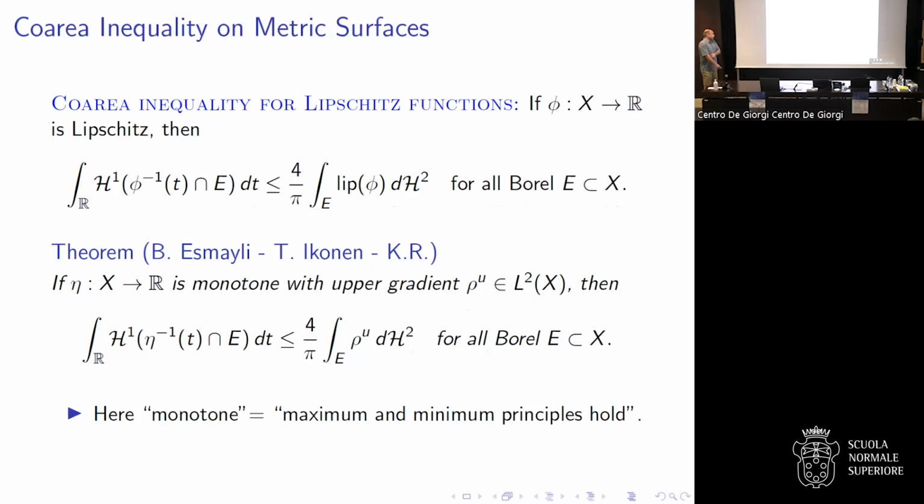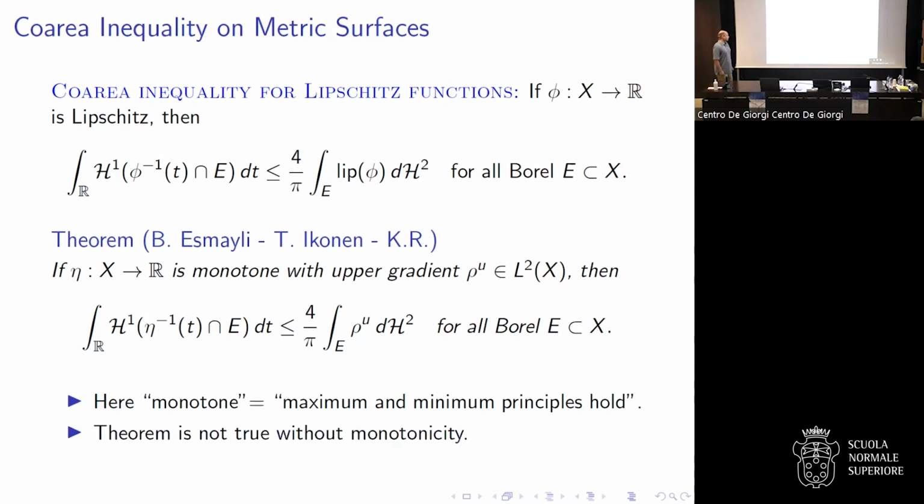So if we have a function that satisfies a maximum and minimum principle, then without any geometric conditions, we can prove that in the coarea inequality, the Lipschitz constant can be replaced with the upper gradient. This is not true in general without the monotonicity assumption.